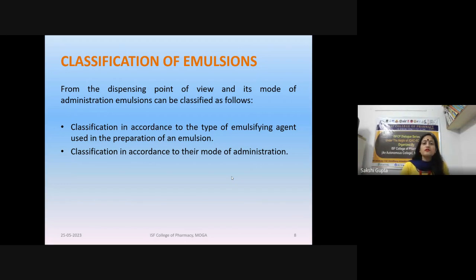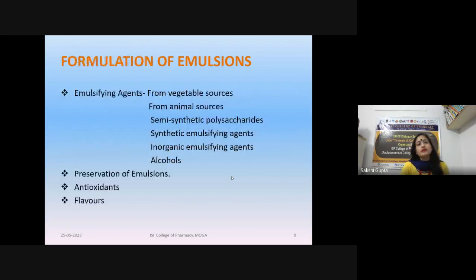In case of skin preparations, we generally prefer oil in water type emulsion, right? And the last one is rectal emulsions, which are administered in the form of enema, which is used for the treatment of constipation. So next we move on to the formulation of emulsion.